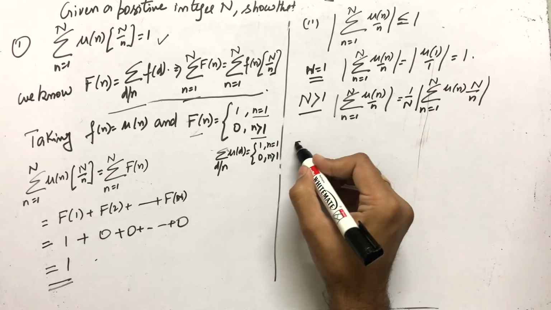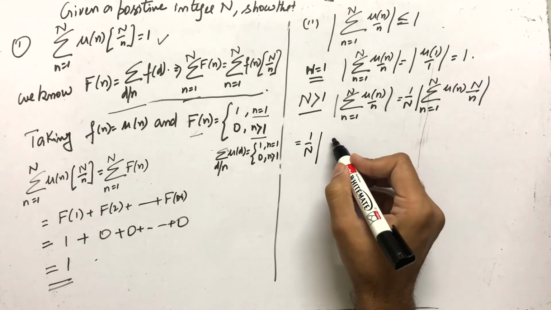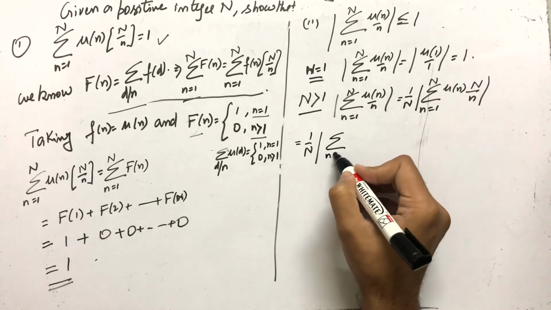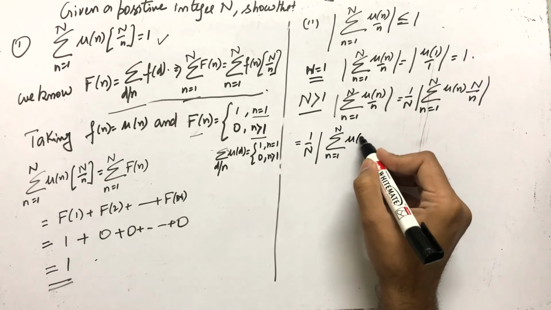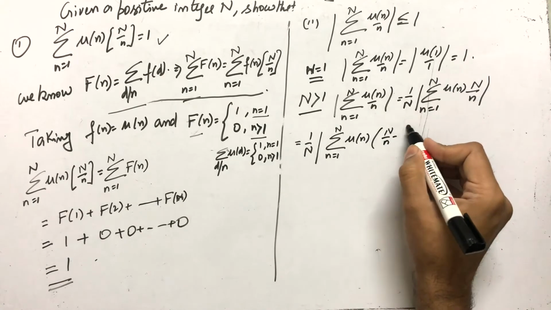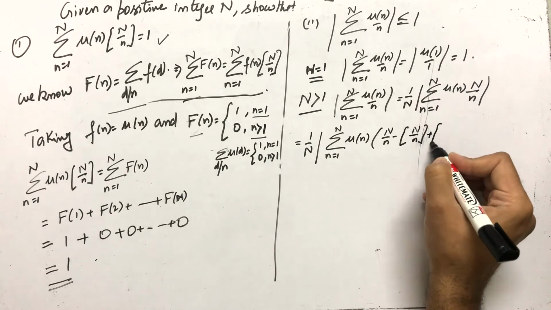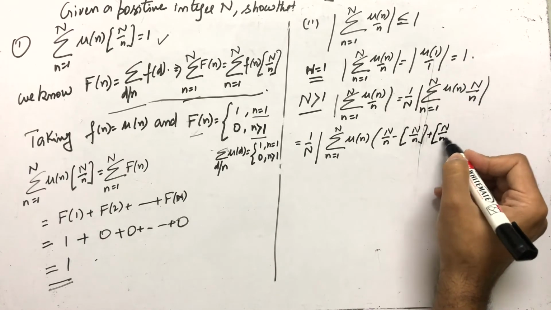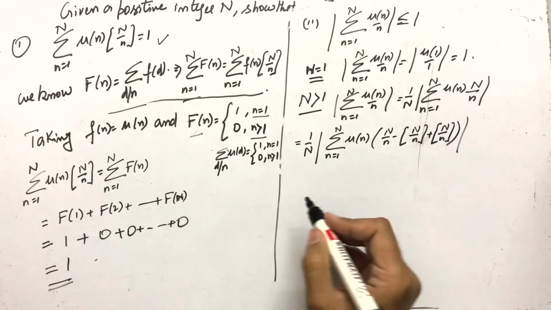And at the next step, we will add and subtract the greatest integer of this, N by n, and close the mod.